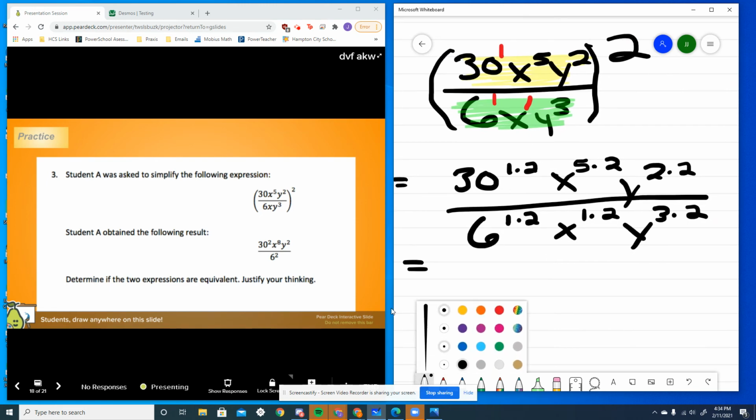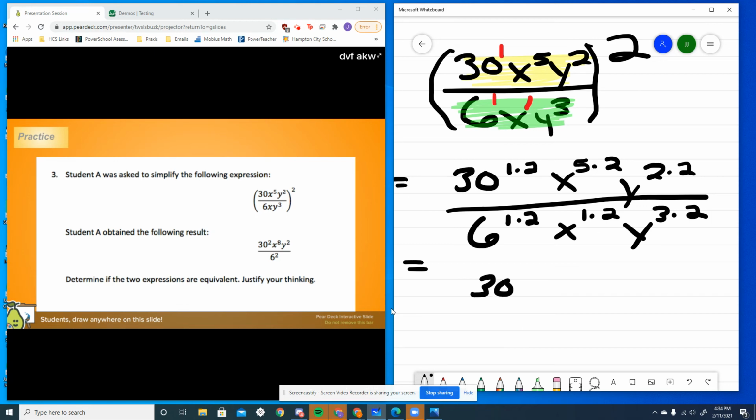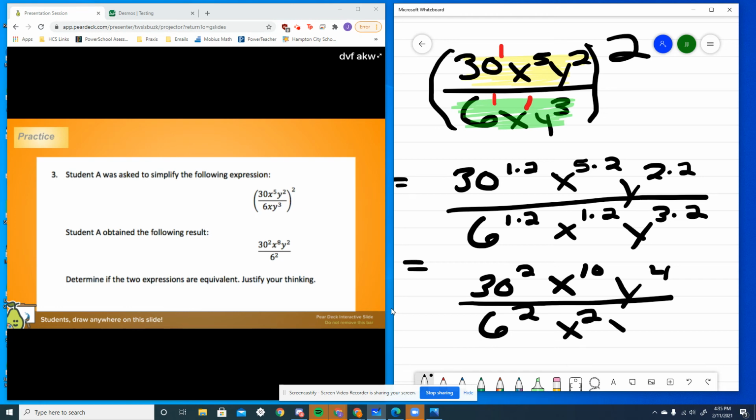I'm going to simplify this: 30 squared, x to the 10th power, y to the 4th power, all over 6 to the 2nd power, x squared, y to the 6th power.